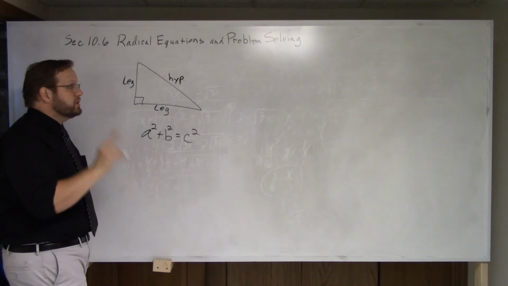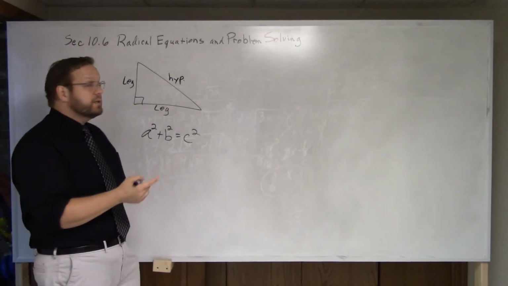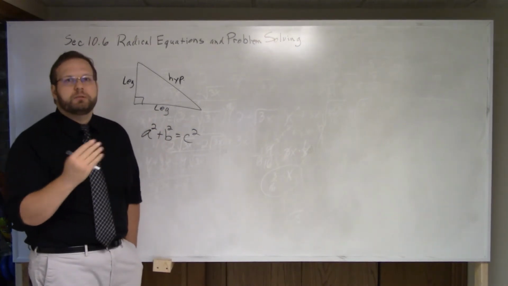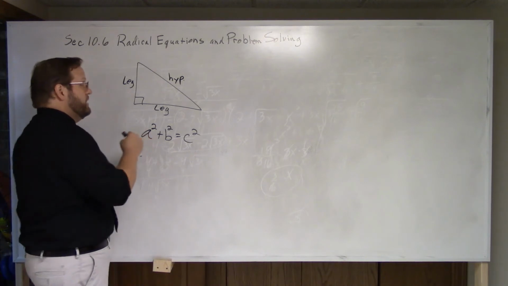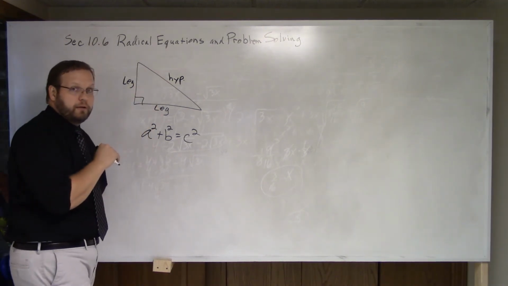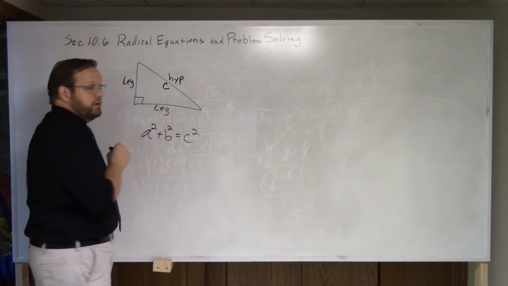The hypotenuse is always either going to be identified as the longest side or the side opposite the right angle. That's going to be true always, but you can identify it as one of those two things. The hypotenuse will always be our c value.